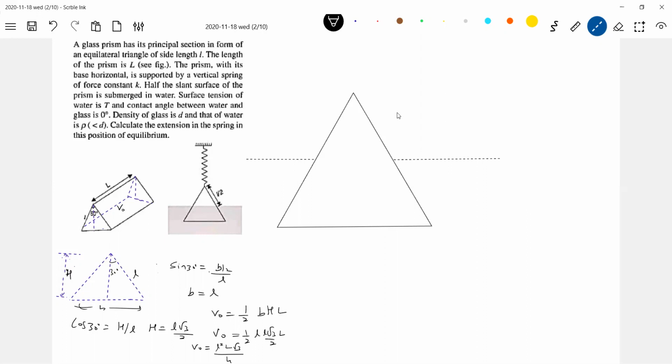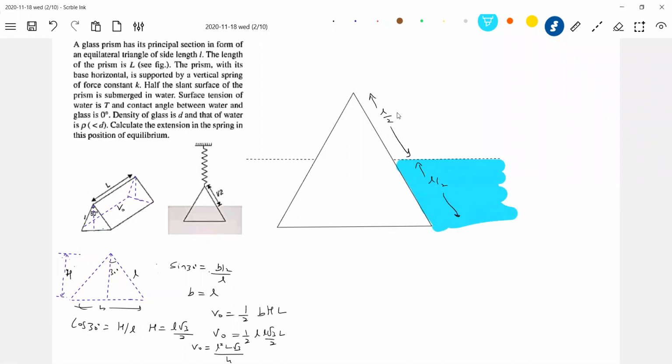Half of the slant length is immersed. Everything else is water. Go back to the fluid buoyancy concept and get that buoyant force. I'm giving a plain diagram. Fine, now half of this.